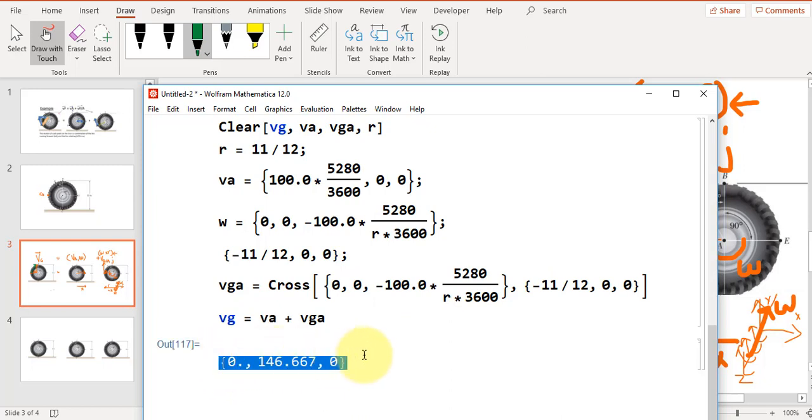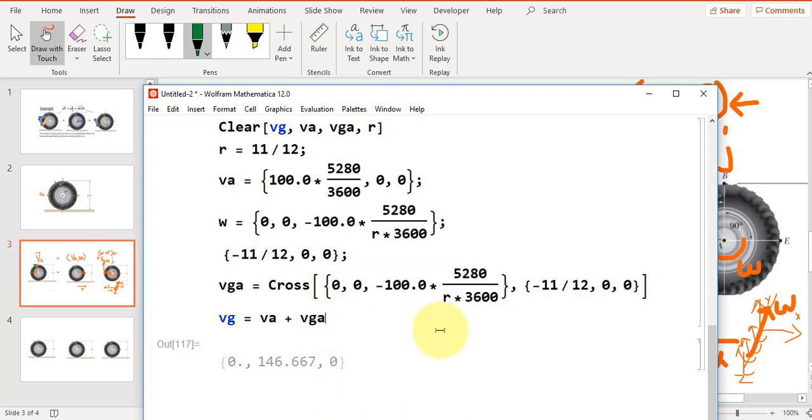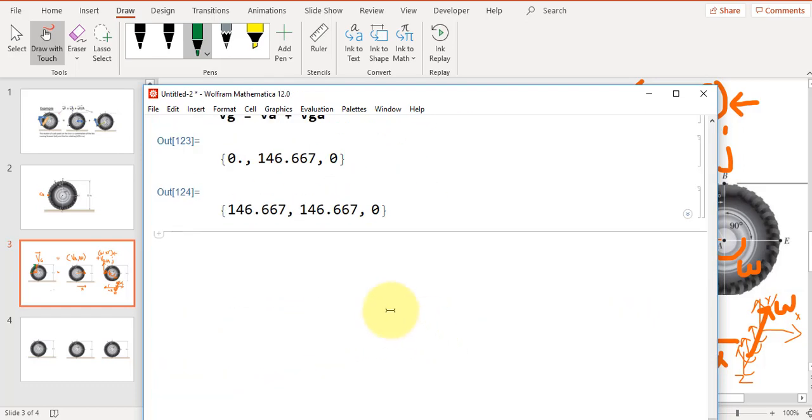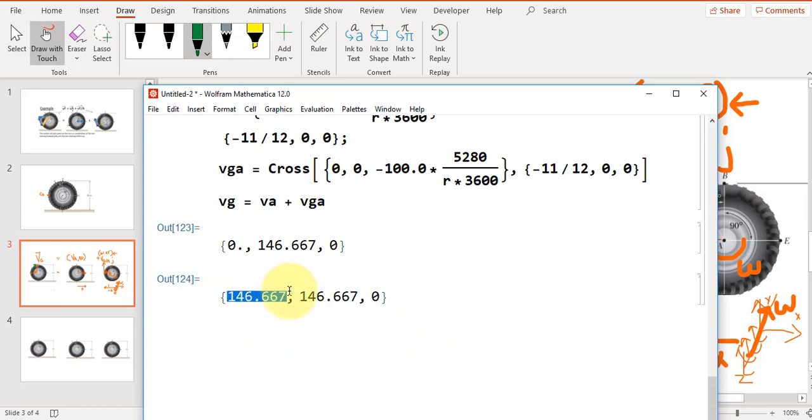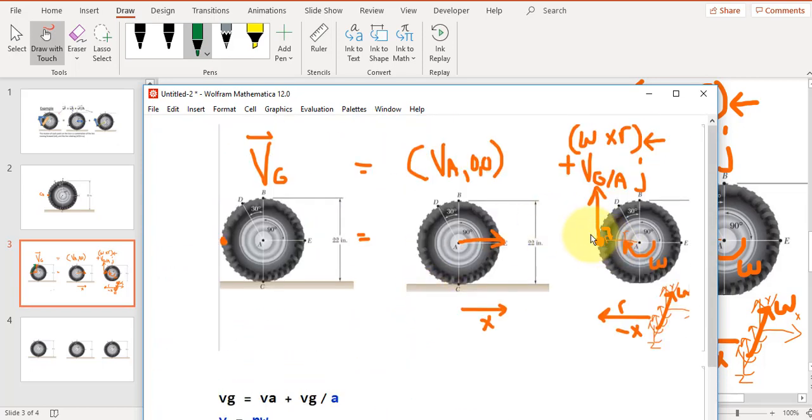It'll pull the XYZ components here that we got out of our cross product. It will add those two together. And in this case, it's not very exciting, right? We just have, here's the X component, and here's the Y component. Okay, so that's the simple scenario for something that's going straight up.